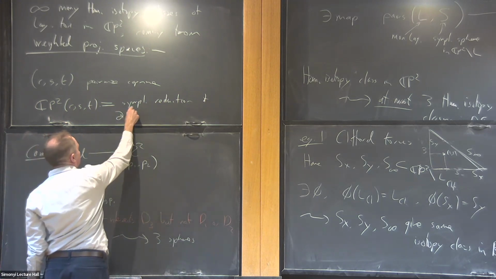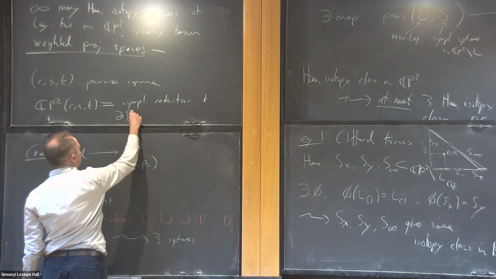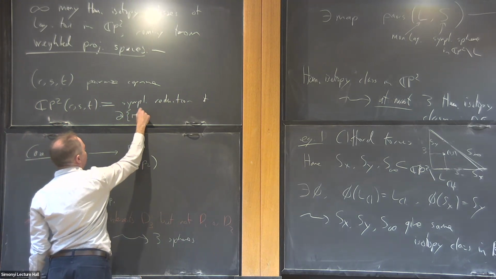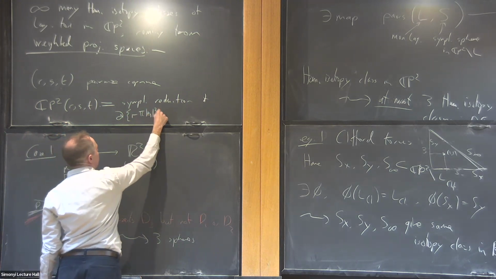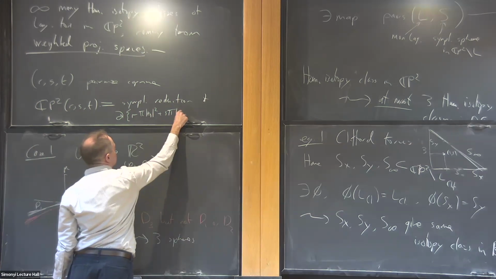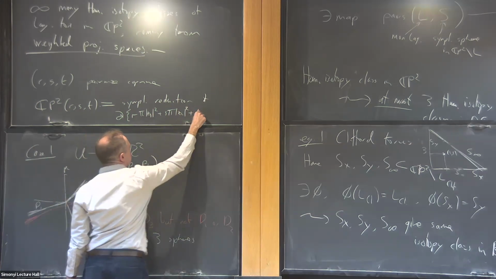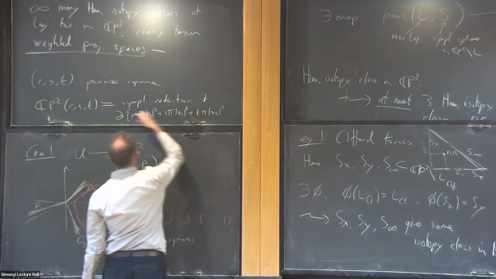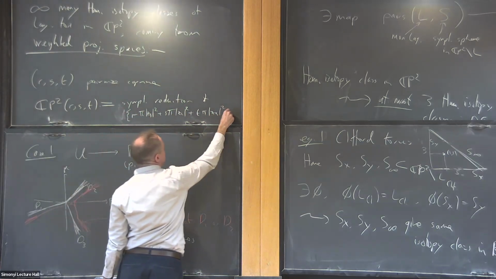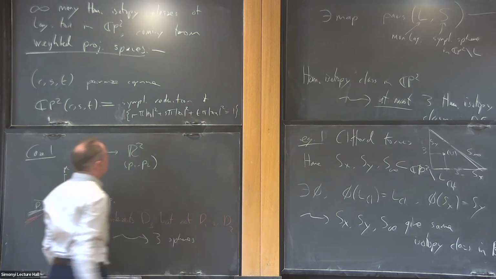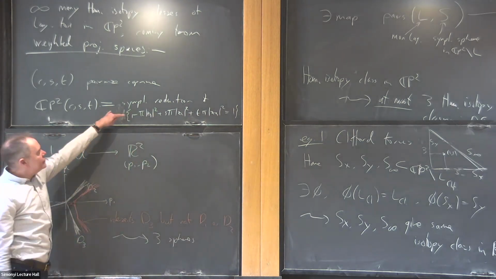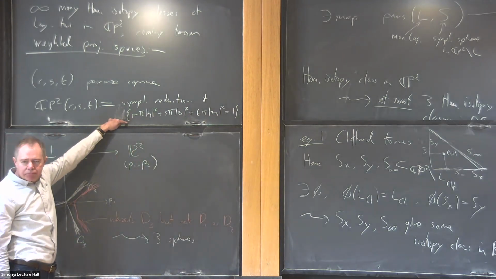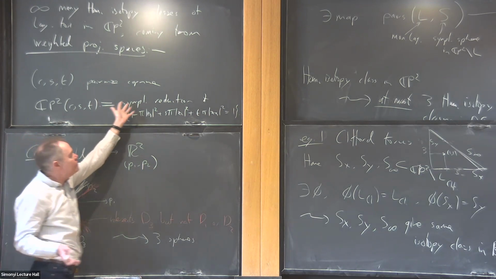The ellipsoid is π times R|z1|² + S|z2|² + T|z3|², with the boundary equal to 1.